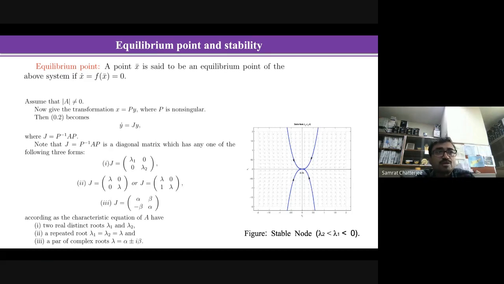For that, a couple of things you do, and these are well known to you. We try to find the equilibrium points of any system, which are the points where dx/dt becomes 0, and then it becomes an algebraic equation. You solve it, and then you go for the stability of the equilibrium point.